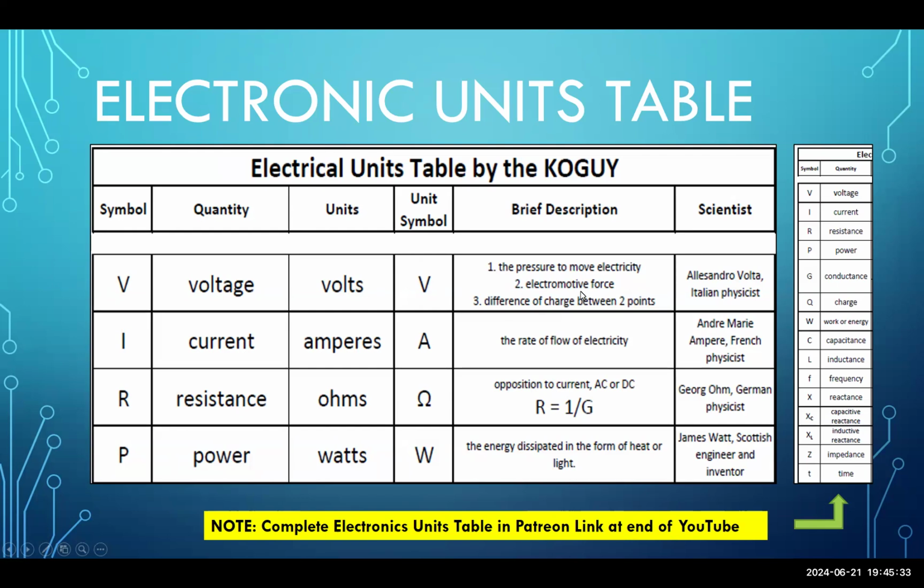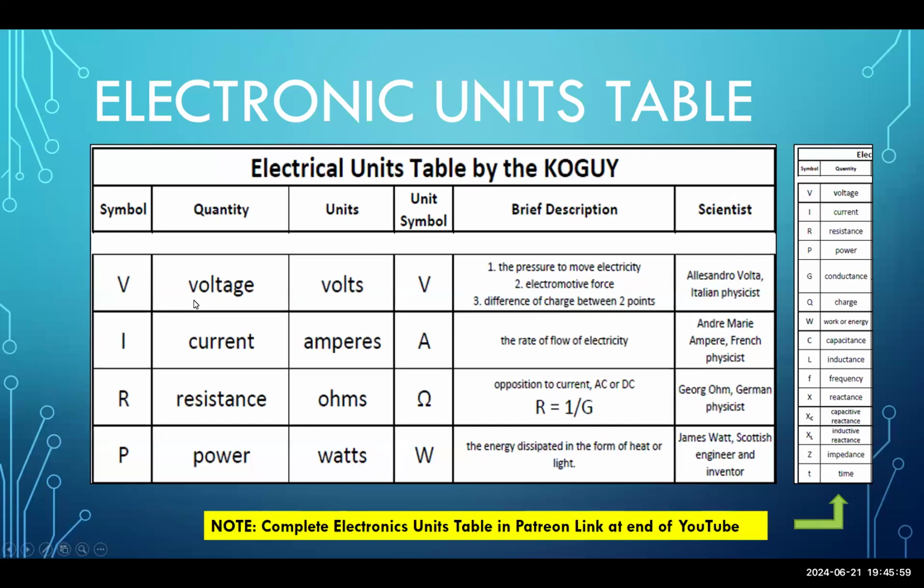So just to review, the quantities of the electrical units table are shown in columns where I have the symbol for the quantity as it is read, the units for those quantities, the symbol for the unit, a brief discussion, and which scientist gave us this particular set of quantities.